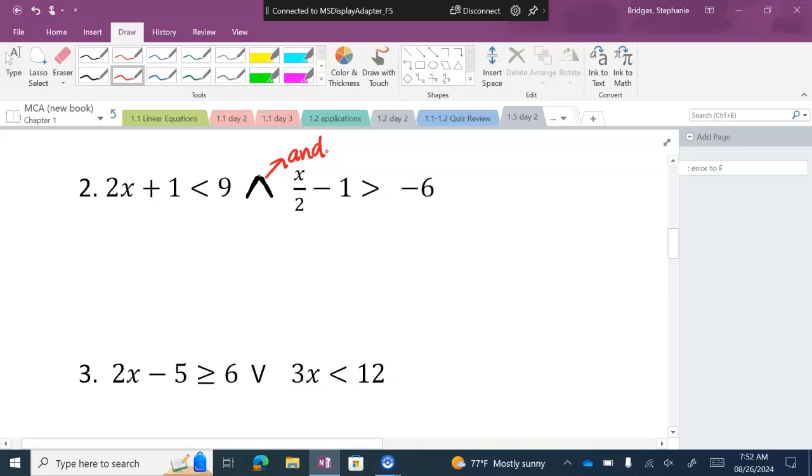We're still going to solve each inequality individually. So start with that 2x plus 1 is less than 9 and solve it, please. Once you get that one solved, you can solve the next one. x over 2 minus 1 is greater than negative 6.